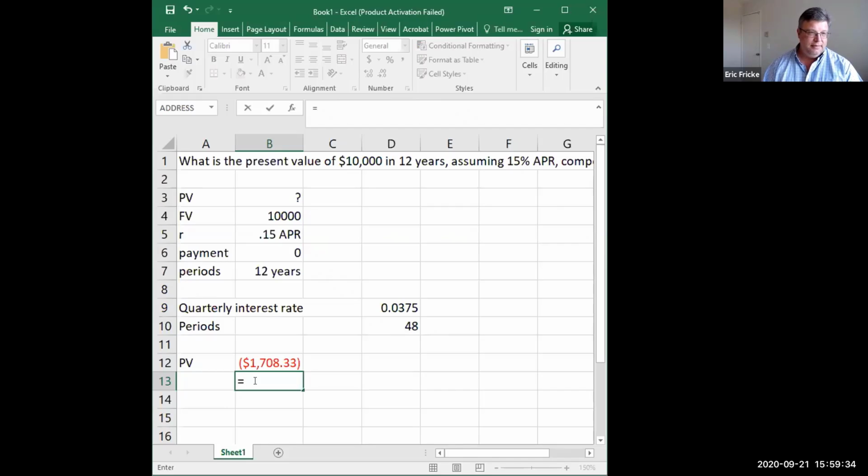It's going to be future value divided by 1 plus the interest rate, all to the power of the number of periods. So that'll do the math for us, but we can still do it in Excel, and hopefully it'll give us the same answer.